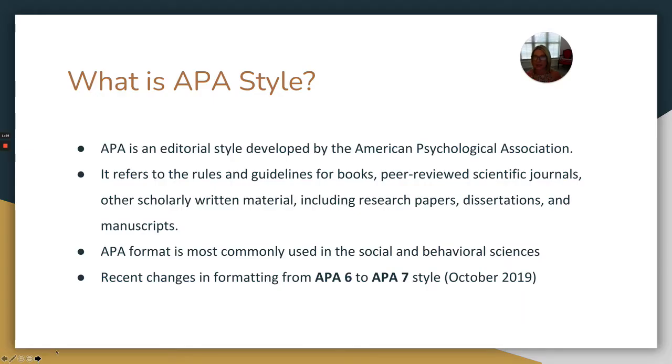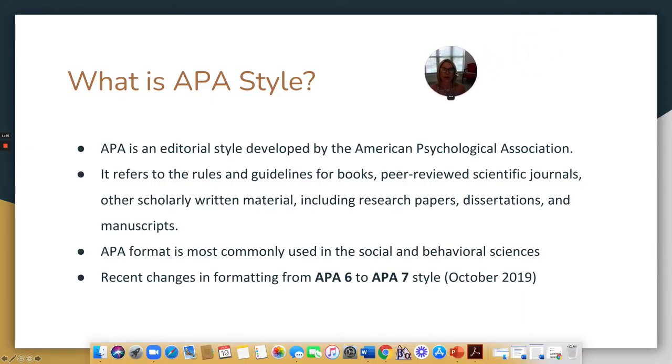As we get started, when we think about what APA style is, APA is an editorial style developed by the American Psychological Association. For those of us in the education department, these are the rules and guidelines for books, peer-reviewed scientific journals, scholarly written material, research papers, dissertations, and manuscripts that we're going to write while we're in graduate school, in doc programs, or even in our undergraduate programs.